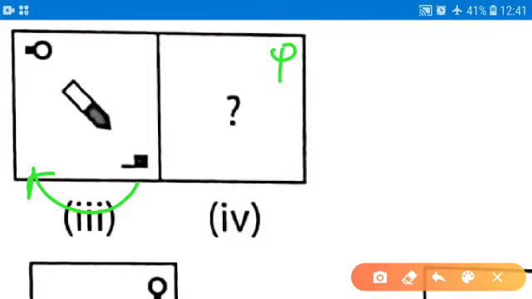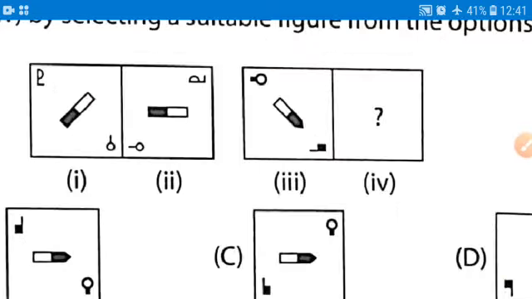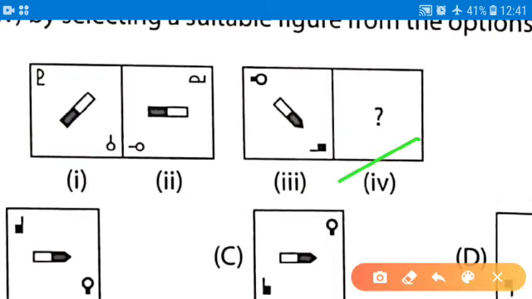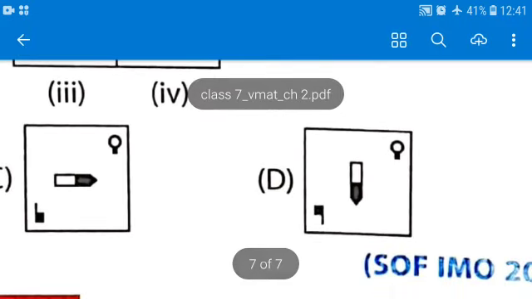Again it is rotating 90 degrees, and in which direction is it rotating? It is also rotating anti-clockwise. So the correct option you can see here will be option number D.